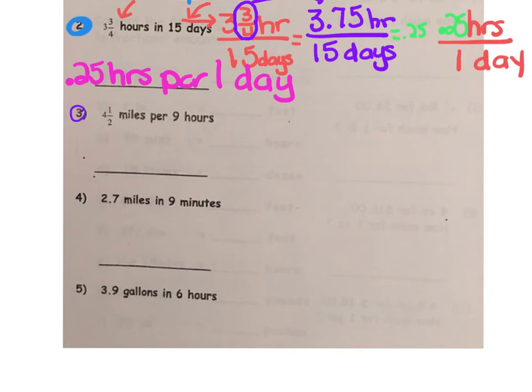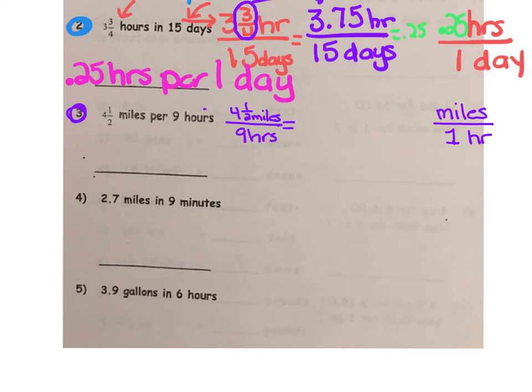For number 3, we need to figure out the unit rate miles per 1 hour. We've been given 4.5 miles, miles should go on top, per 9 hours.